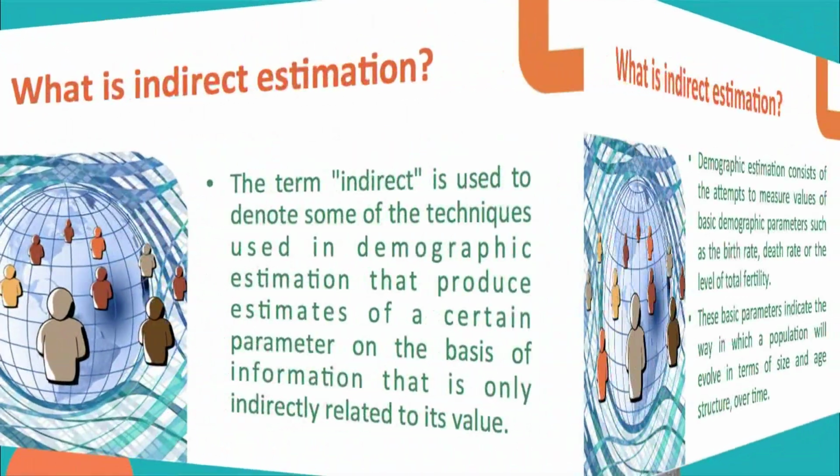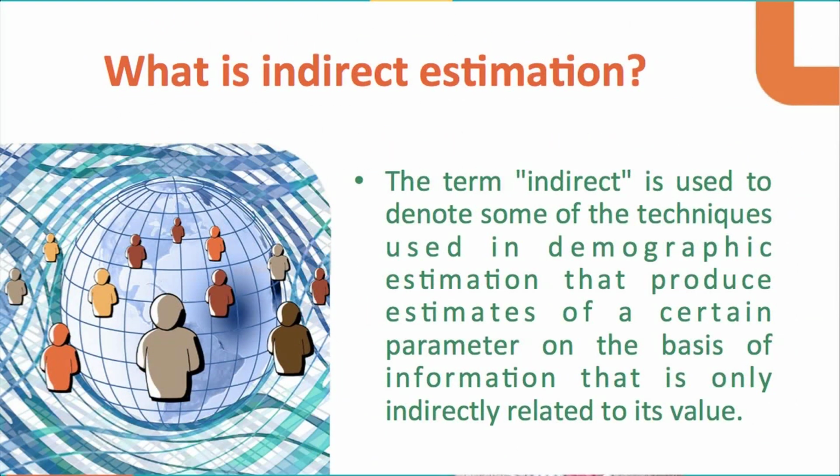The term indirect is used to denote some of the techniques used in demographic estimation that produce estimates of a certain parameter on the basis of information that is only indirectly related to its value.